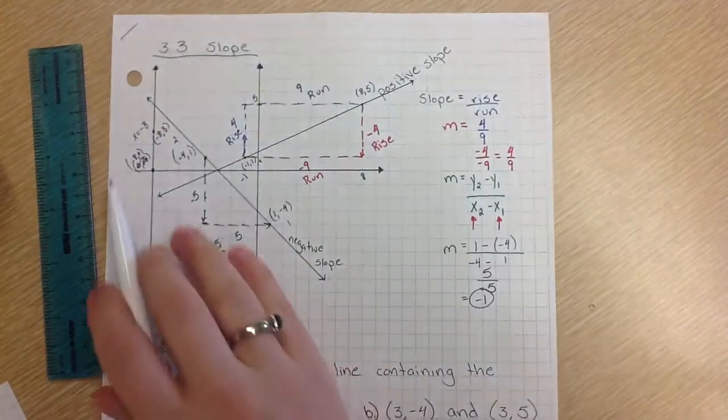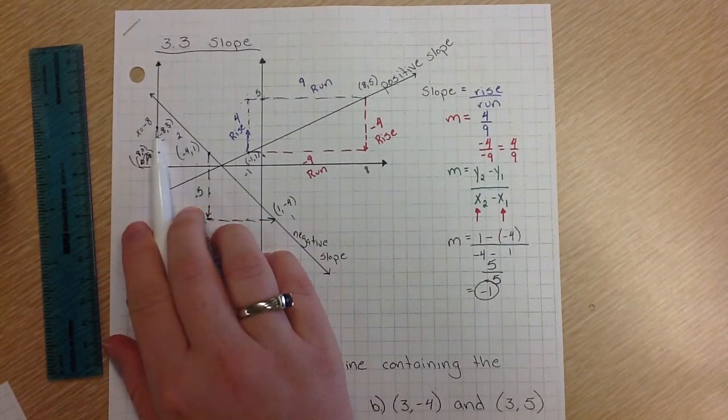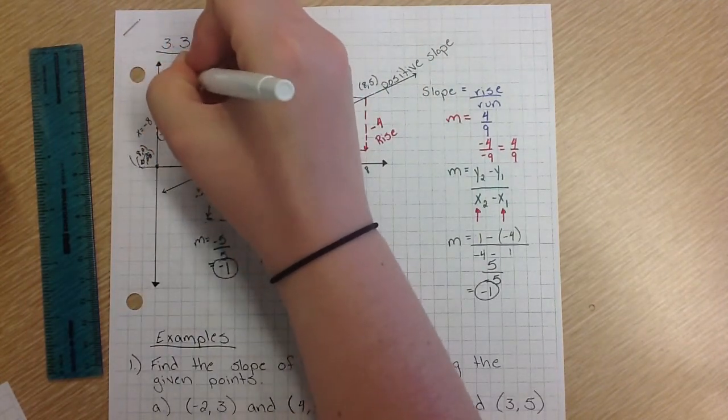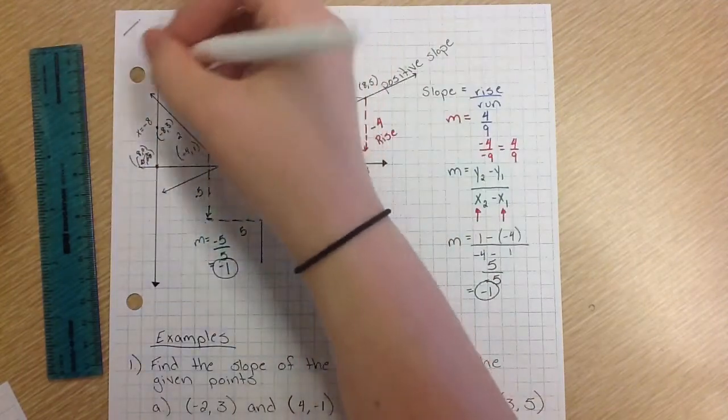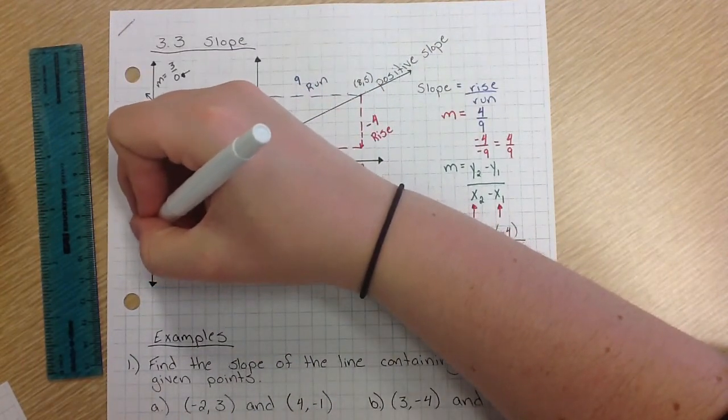If I take my rise, which is 3, over my run, which is 0, I would get 3 over 0. You can't have a 0 in the denominator, so the slope of my vertical line is undefined.